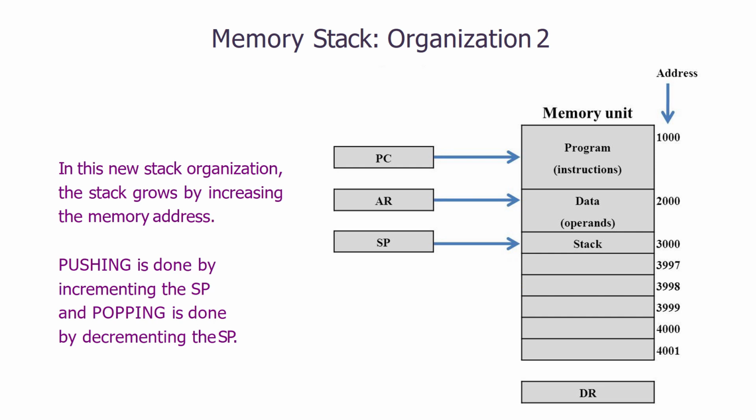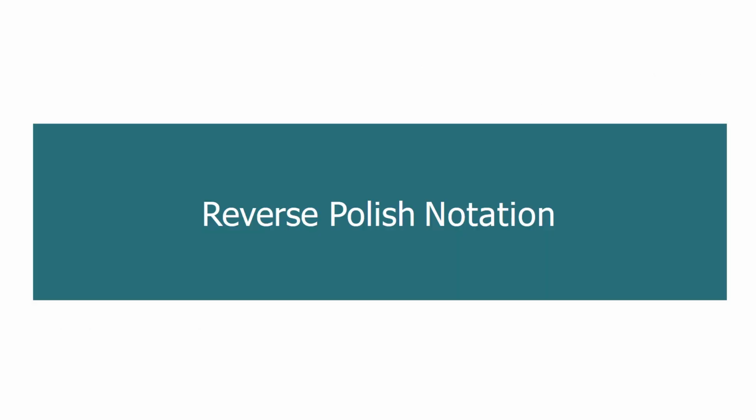In this organization 2, my initial SP is 3000 and it will be plus 1 every time for the push. So SP is SP plus 1 when I push. So it all depends upon the organization, how my stack is built.